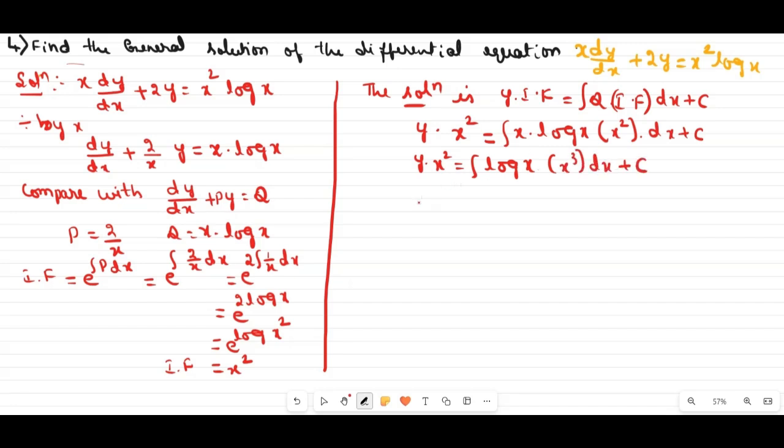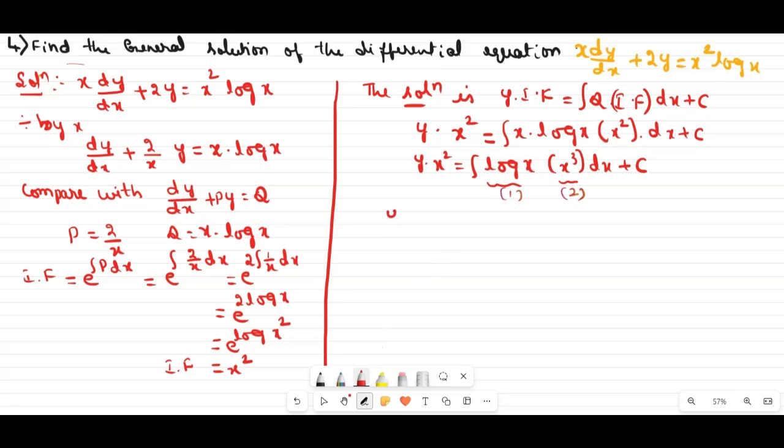So now, to integrate this term, we must apply integration by parts because it is a product of two functions, isn't it? I will apply integration by parts by taking log x as the first function and x cube as the second function, because we don't know the integration of log x. We know the derivative of log x.